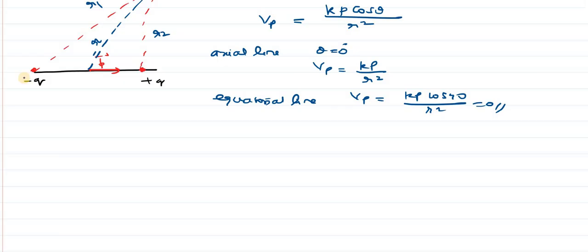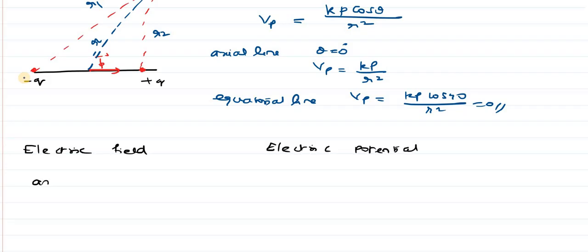Is that clear? So now when you compare electric field and electric potential due to a dipole, the electric field along the axial line is equal to 2kpr by (r square minus a square) whole square, correct?